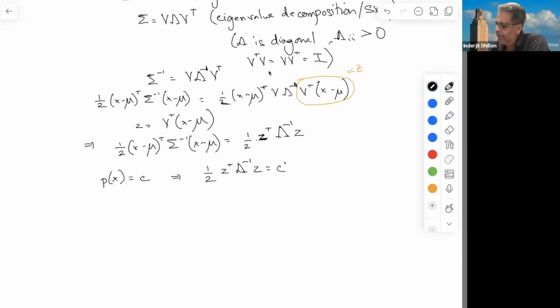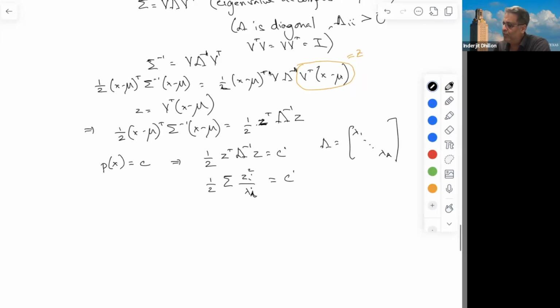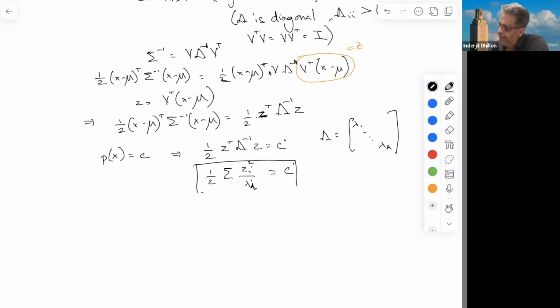If you think about it hard enough, or you just expand it, you'll see that this is equal to the summation of zi squared divided by lambda i, where lambda is lambda 1 through lambda d. Remember that the lambda i's are all greater than 0. And this is just the equation of an ellipse.